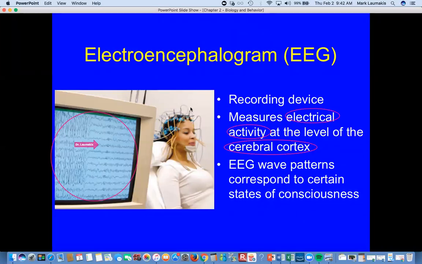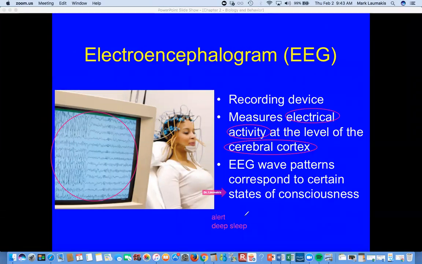The EEG wave patterns that you see depicted over here on the left side on the computer monitor correspond to different states of consciousness. So we are going to have a whole chapter in part 2 of our course, after we do sensation and perception after test 1, on consciousness. And in that chapter, we'll talk about how the brain waves of a person who is awake and alert differ from the brain waves of someone who is in deep sleep.